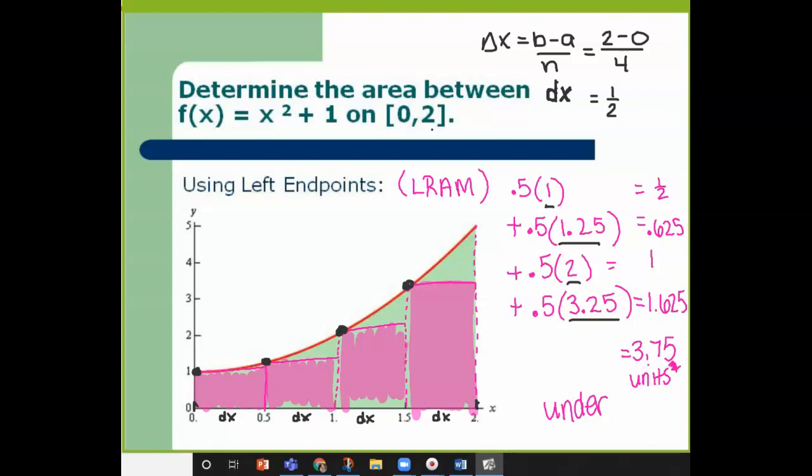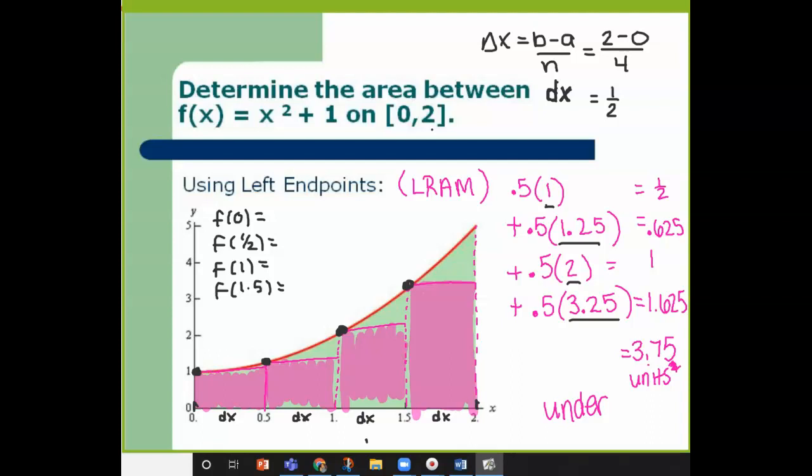So you're finding f of x at 0, at 1/2, at 1, and at 1.5 on the curve. Those f of x values that you're finding are the heights we're multiplying my widths by.